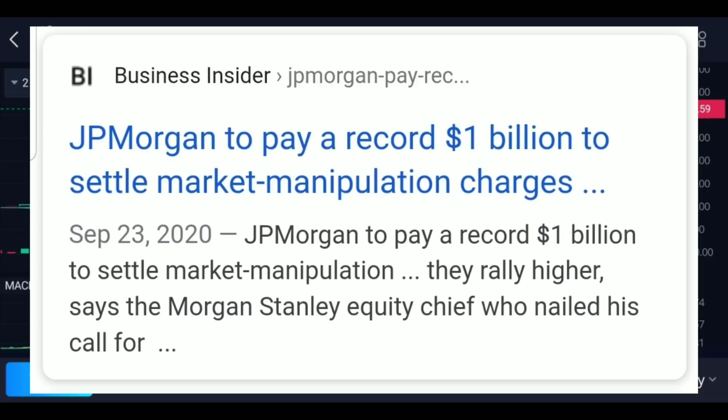Spoofing involves making several orders in a market without the intention of filling them, and often to mislead other traders into pushing prices in a certain direction. One source told Bloomberg that the settlement wasn't likely to restrict JP Morgan's business practices and that the bank would admit wrongdoing.